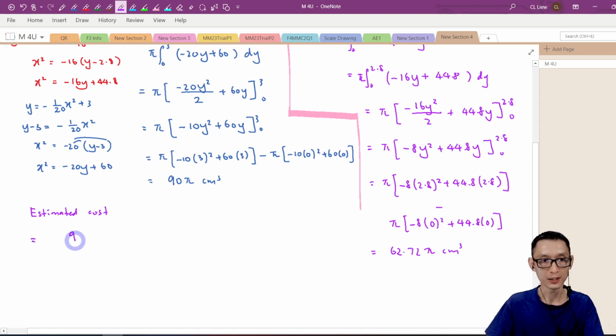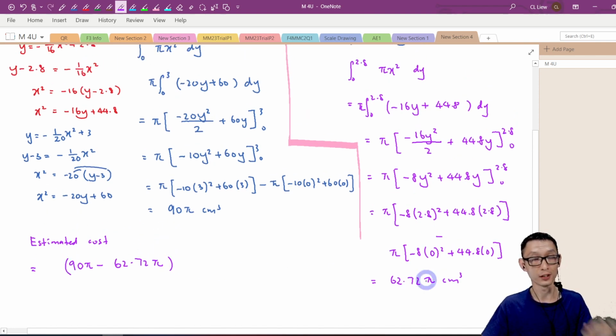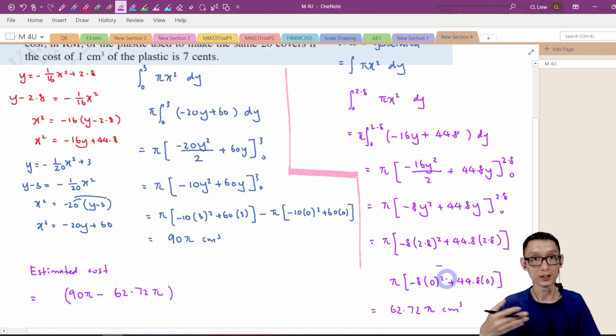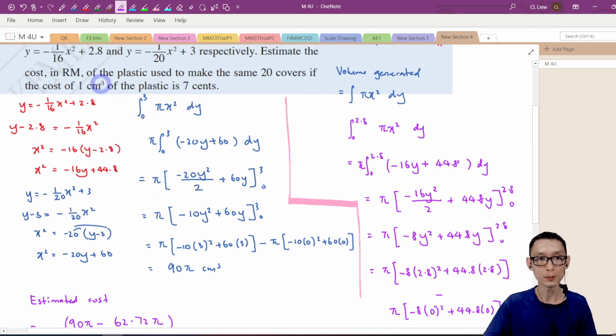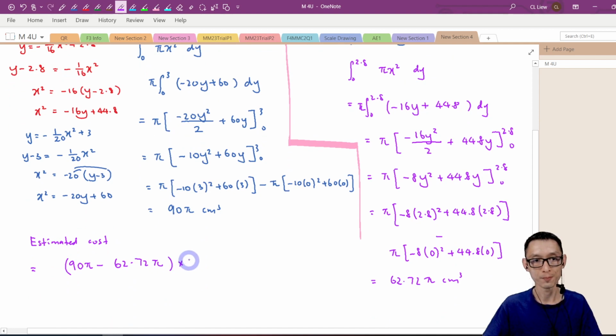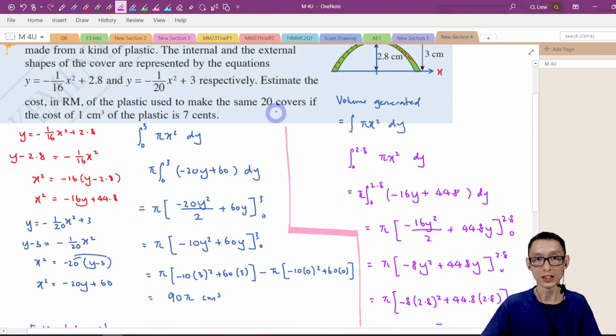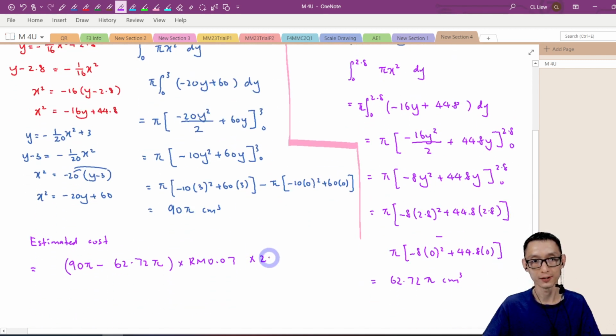So take 90 pi minus 62.72 pi, and then times this, how many cubic centimeters. So 1 cubic centimeter costs 7 cents. So I'm going to times 7 cents. This is for one plastic cover, and then since we need 20, we need to times 20. Okay, just press your calculator.